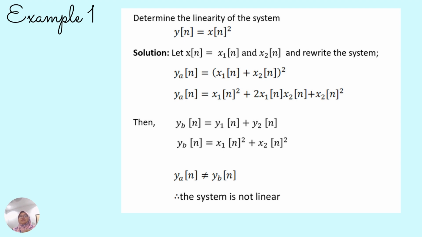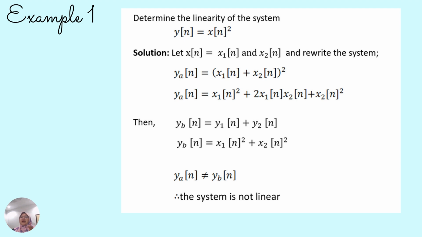So xn is replaced by x1n plus x2n. So here the term xn is replaced by x1n plus x2n. So we have yan equals to x1n plus x2n to the power of 2.